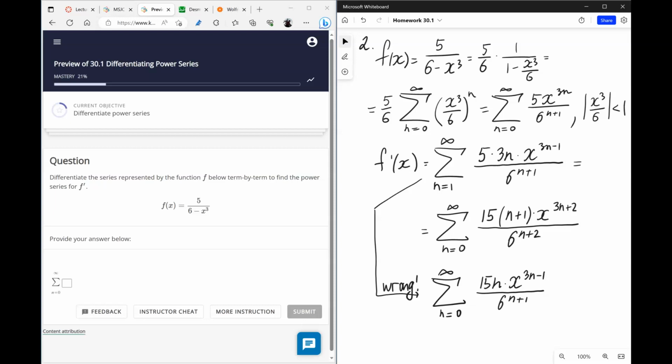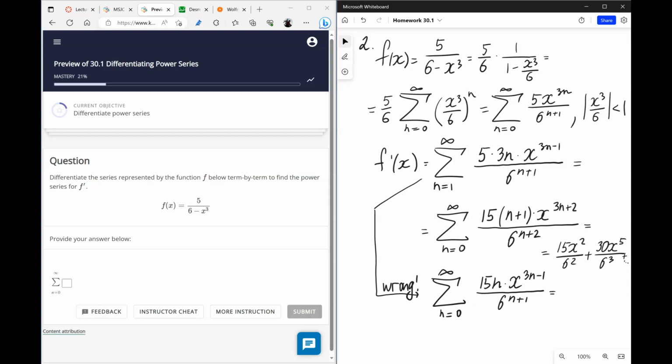And you may ask, what exactly is the difference here? If you really want to see the difference, let's just try to write a couple of elements of each sum. So here, when n is 0, we have 15x squared over 6 squared. When n is 1, we have 15 times 2, which is 30x to the power 5 over 6 cubed, and so on.